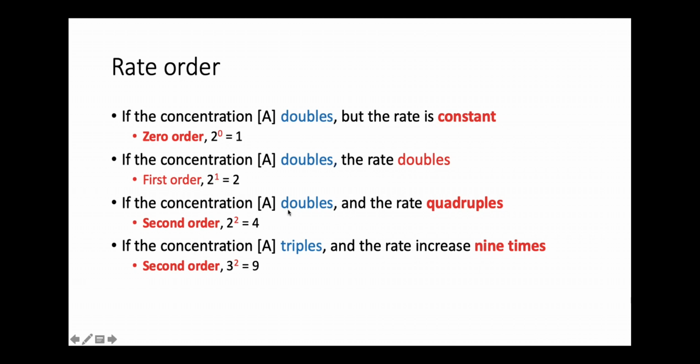If my concentration of A doubles and my rate goes up by a factor of 4, we call it second order, because doubling, 2 to the power of 2, is 4. If I triple my concentration of A, so the 3 here, and my rate increases 9 times, it's also second order, because 3 to the power of 2 is 9.